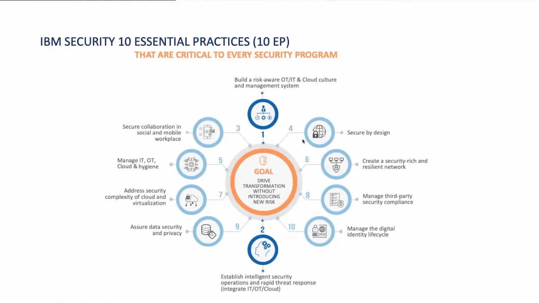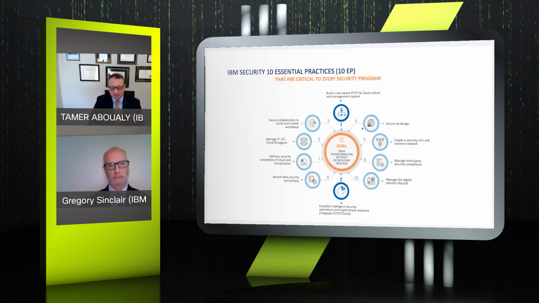First off is to really build a risk-aware environment, management system, and culture for OT, IoT, and also across your cloud environments, ensuring that you have the correct security policies, procedures, and architecture to mitigate risk and understand what's there and how you're managing it, and to also ensure that your users are trained and know what to click on and what not to click on.